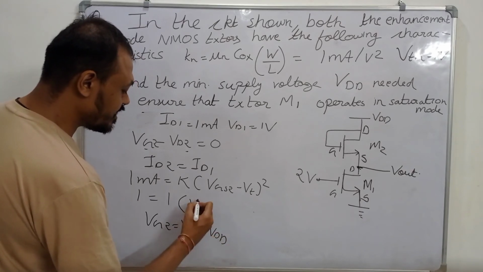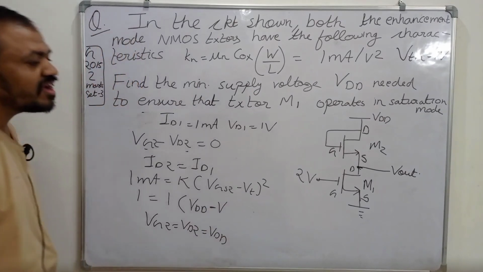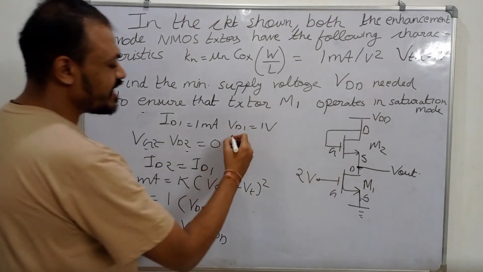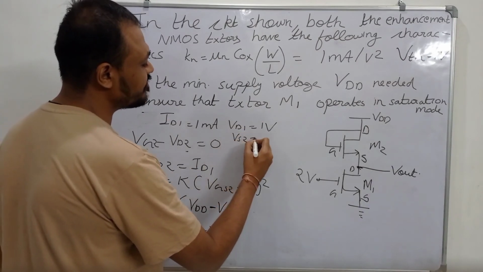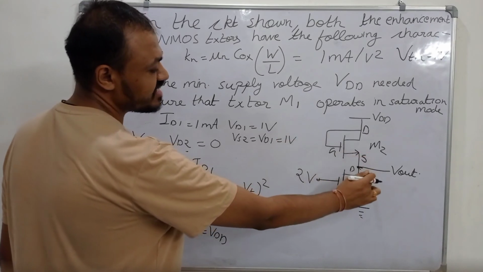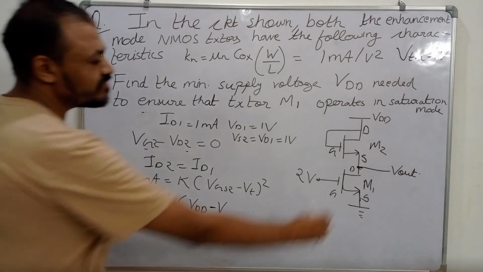So VGS2 will be VDD minus VS2, and VS2 we found out earlier to be equal to VD1, because the source of the second transistor is connected to the drain of the first transistor, so both voltages will be the same.